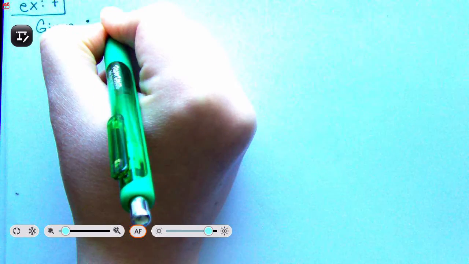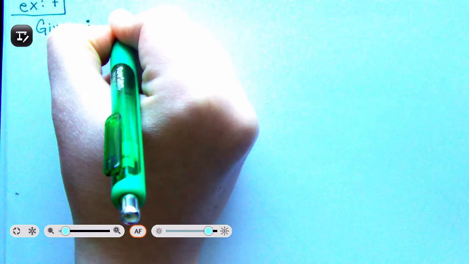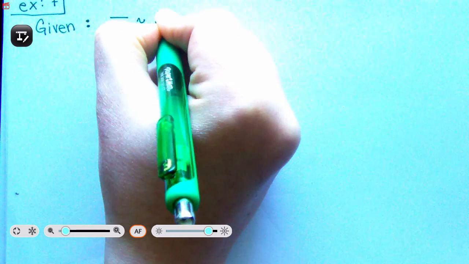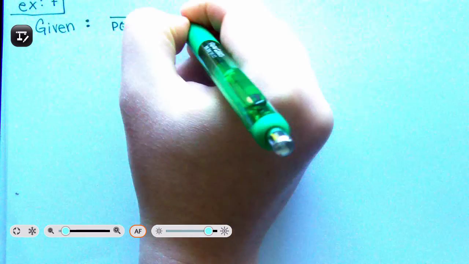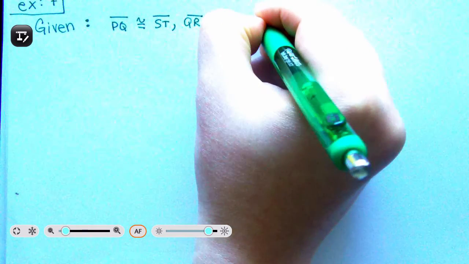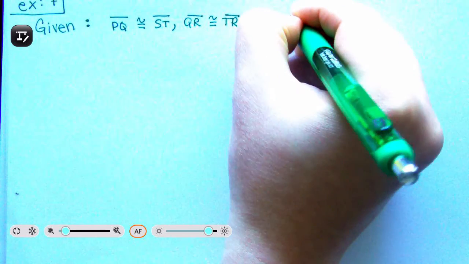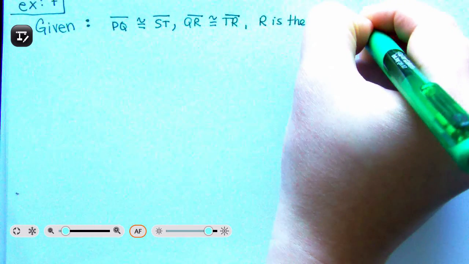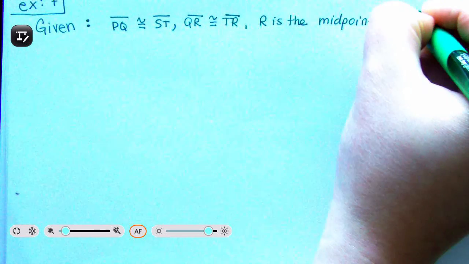Given PQ is congruent to ST, QR is congruent to TR, and R is the midpoint of segment PS.